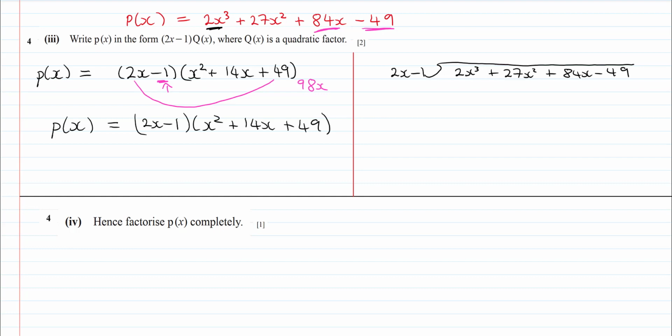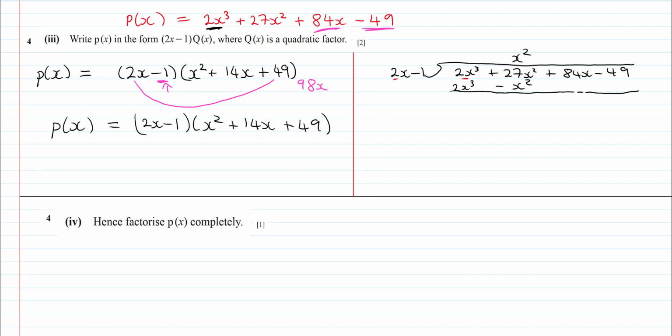So just thinking, how many times does this 2x go into the 2x cubed? Well, it goes in x squared times, because 2x times x squared is 2x cubed. So now we just go x squared times our 2x, which is 2x cubed, and then x squared times minus 1, which is minus x squared.